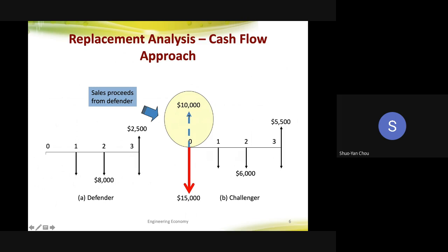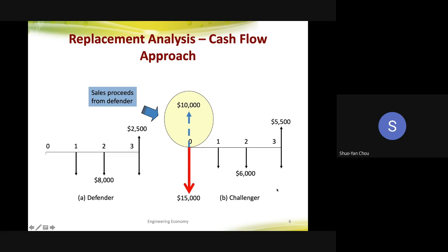This 10,000 will be a deduction from this 15,000, so this can be considered an income of the challenger. The annual operating and maintenance cost will be lower than the old one. So although we have some additional cost, the new one has lower annual operating and maintenance costs, and at the end of the third year, the salvage value is higher.